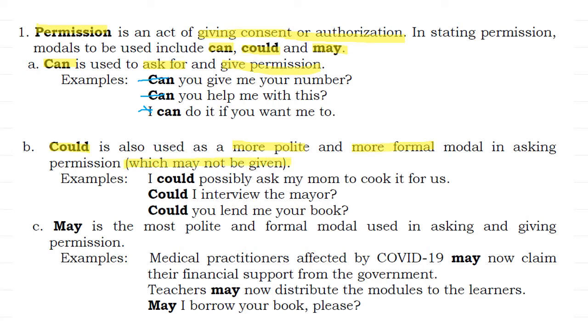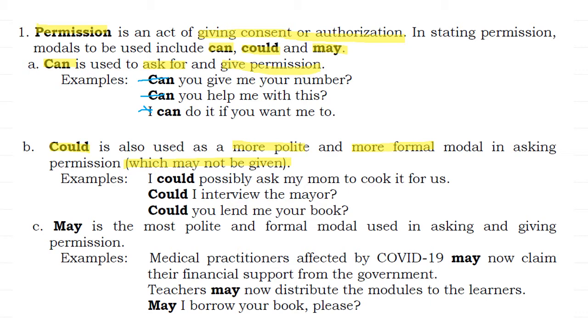Examples: I could possibly ask my mom to cook it for us. Could I interview the mayor? Could you lend me your book? So these statements are more polite and more formal. I could possibly ask my mom to cook it for us.